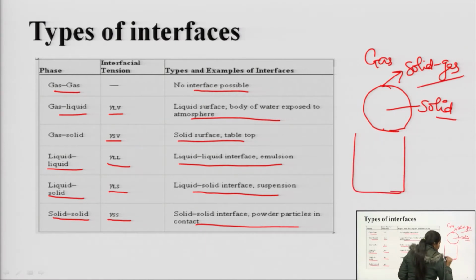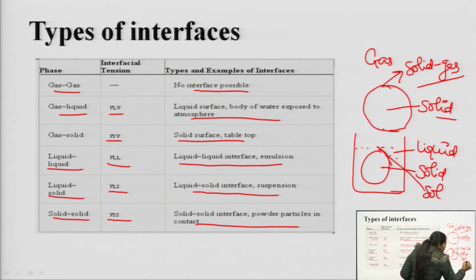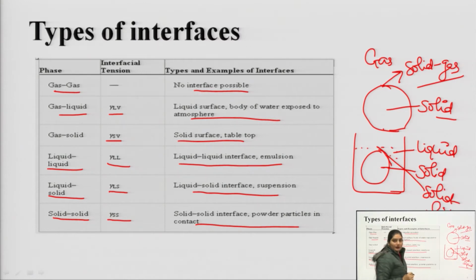If there is a beaker and in this a certain solid is present, and in this there is a liquid, the phase that exists between the solid and liquid is known as the solid-liquid interface. Okay. And an example of this is suspension.